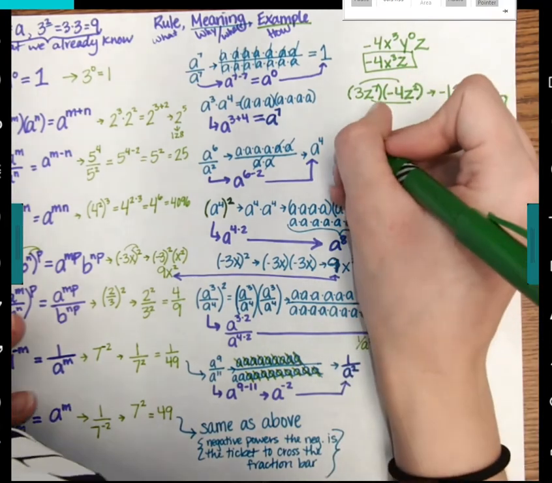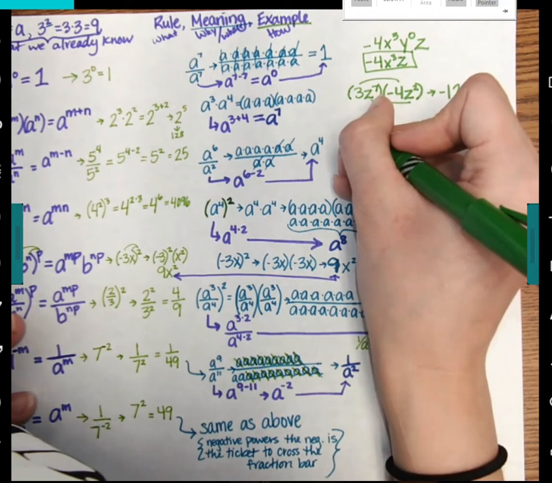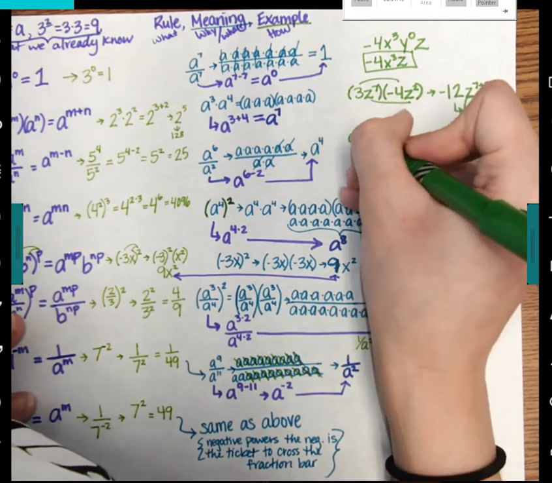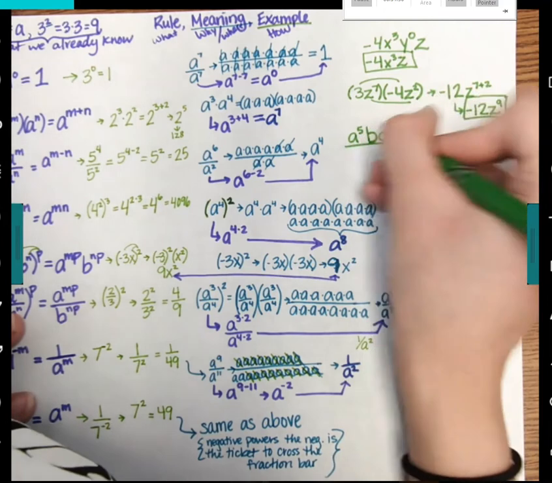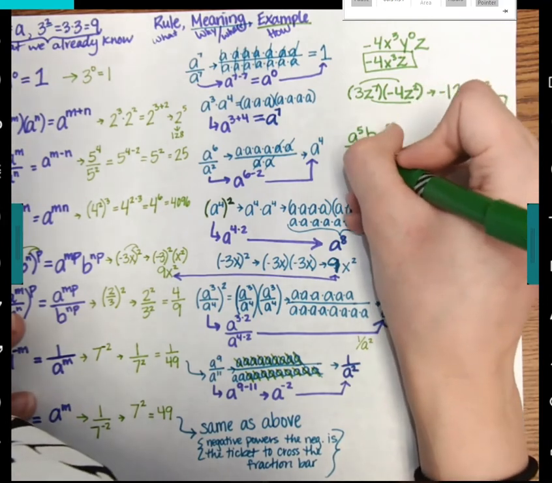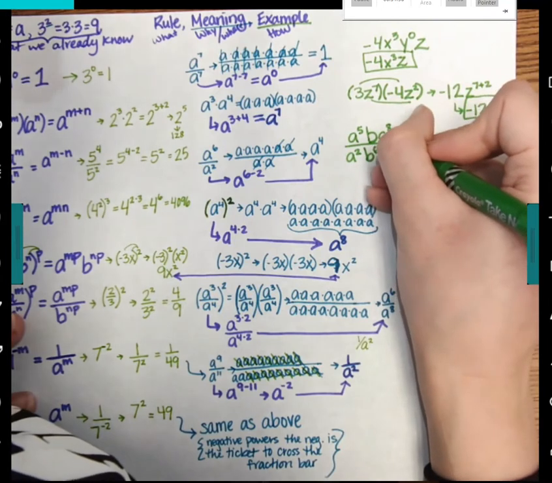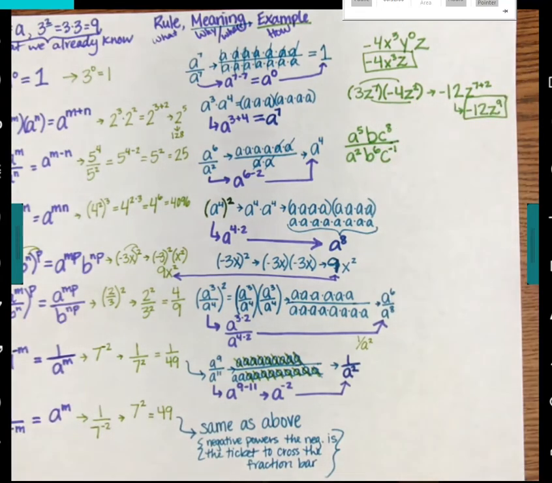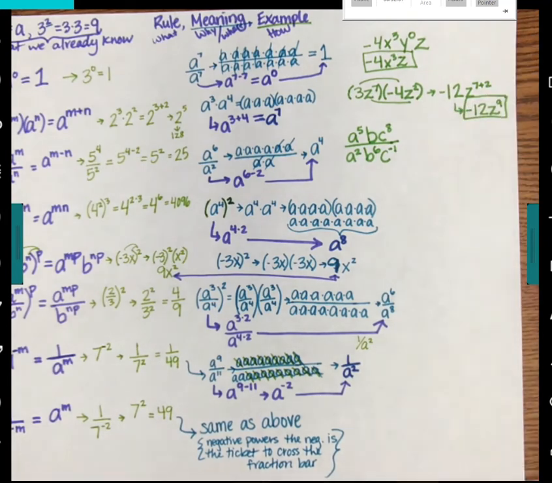Okay, this next one. The expression that we start with is a to the 5th b c to the 8th over a squared b to the 6th c to the negative 1. As you can see, we have a negative exponent here, but we actually don't need to deal with it.